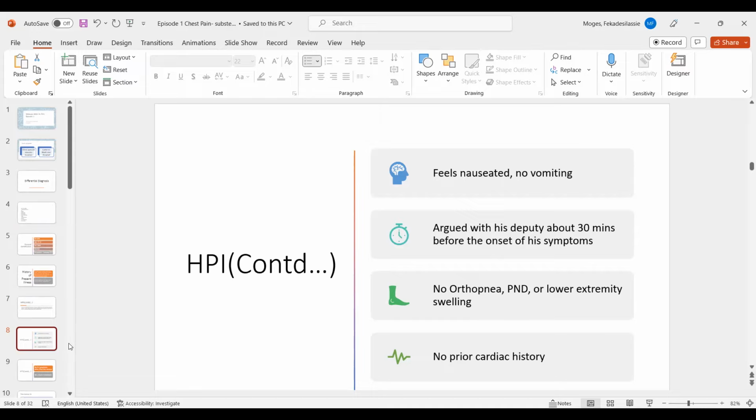Sometimes pertinent negative answers are as important as pertinent positive information, because that helps you rule out any differential diagnosis. You don't have to assume that only the positive information is relevant to making a diagnosis. Pertinent negative information is also equally important. So no orthopnea, no PND, no lower extremity swelling. At least we are not dealing with a patient who had chronic heart failure. Okay?